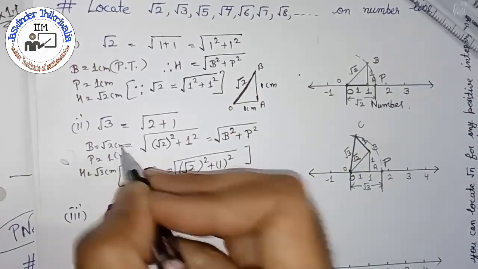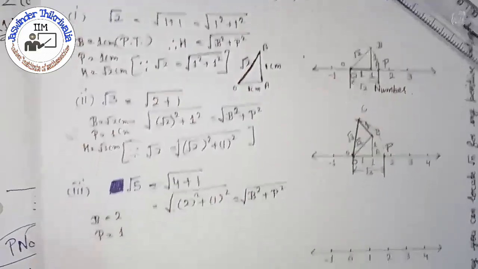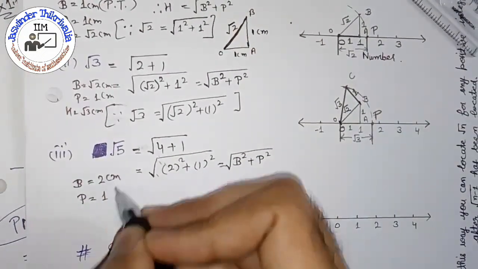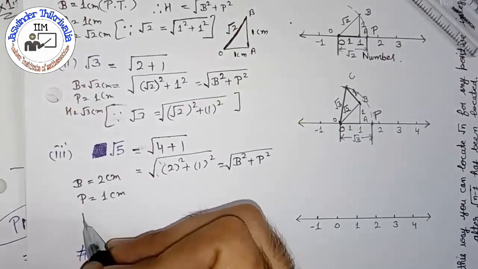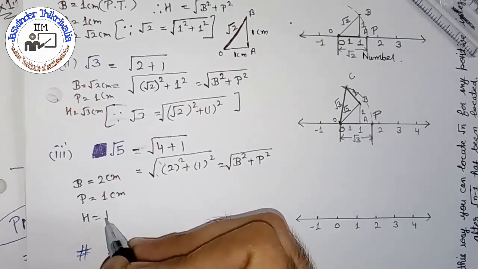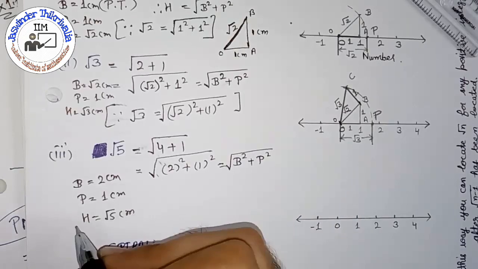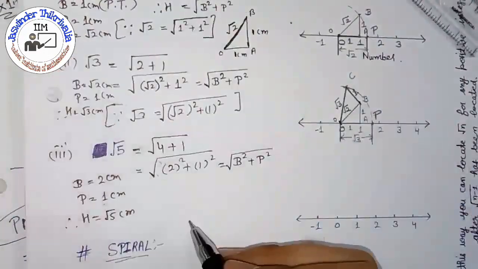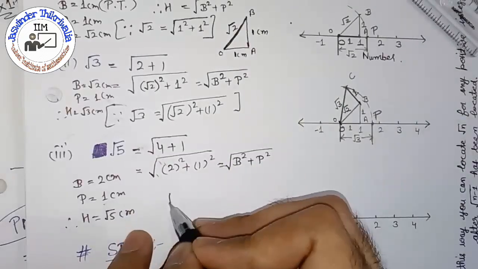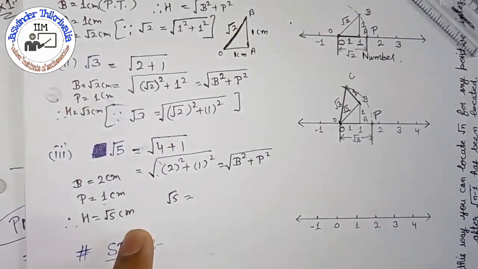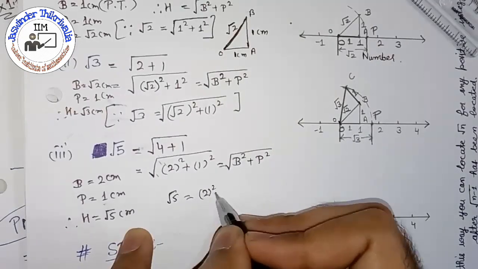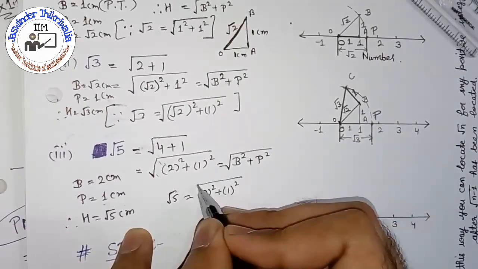So in this, base is 2 centimeter, perpendicular is 1 centimeter, then hypotenuse will be root 5 centimeter. So root 5 is equal to root of 2 square plus 1 square.